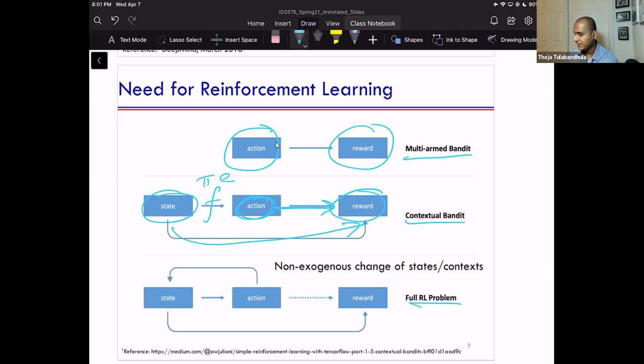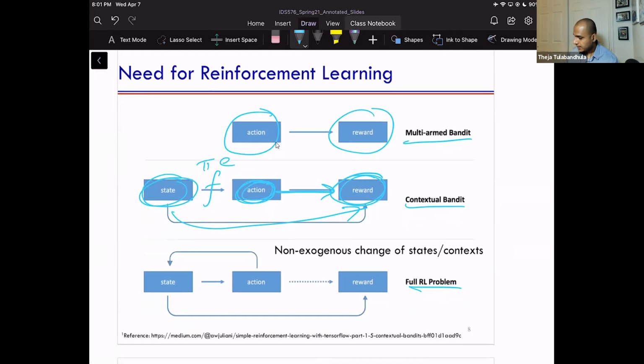In fact, they'll close the window and go to some other website. So the reward is determined by both action and state. But the full reinforcement learning problem involves an extra arrow: you see a context, you take an action, and the action influences the next state you will see. That's very clear for self-driving.